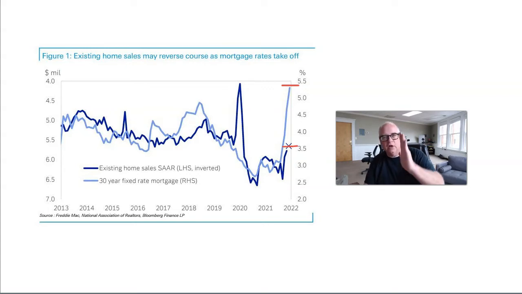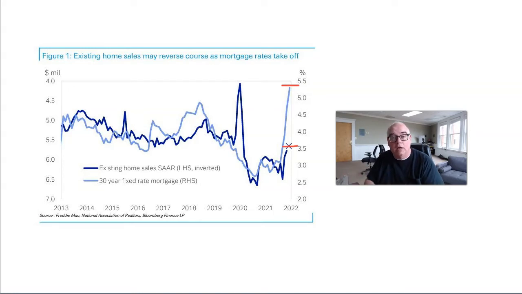And you can see the dark blue number also going up more or less in tandem with the increase in interest rates. What does the dark blue line represent? This is a little bit confusing, but the dark blue line is the inversion of existing home sales. In other words, they're charting existing home sales but doing it upside down.